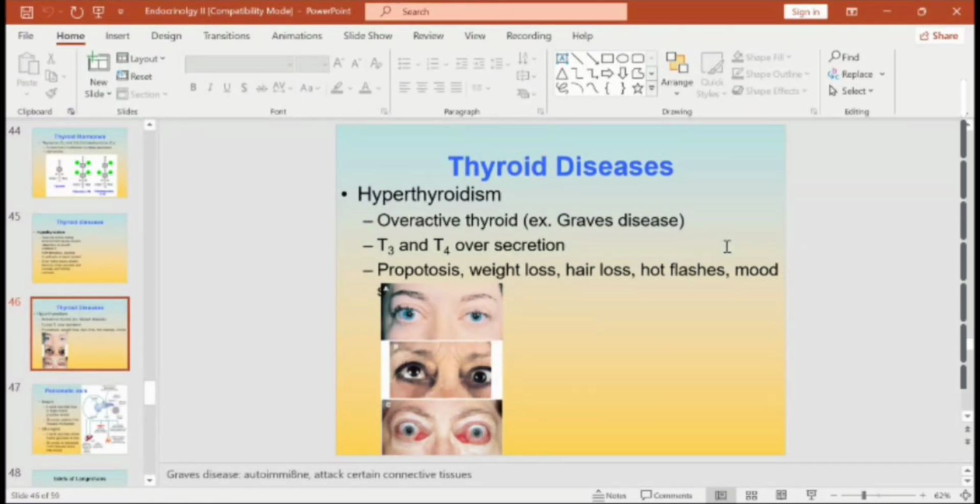That will be associated with features like hot flashes or heat intolerance. The body weight will go down because of increased metabolism. There will be hair loss, and the eyes can be protruded due to edema at the posterior side of the eye, which we call proptosis.